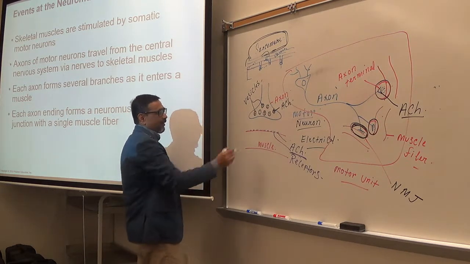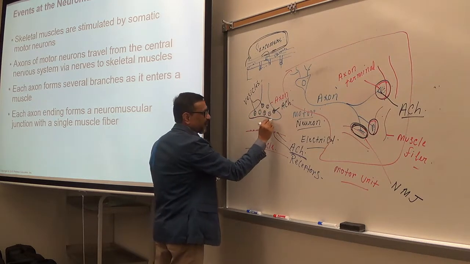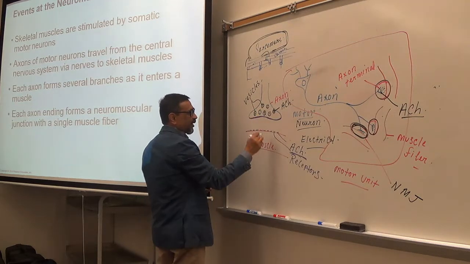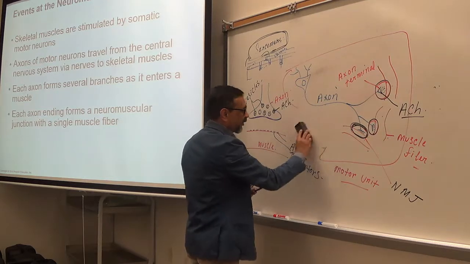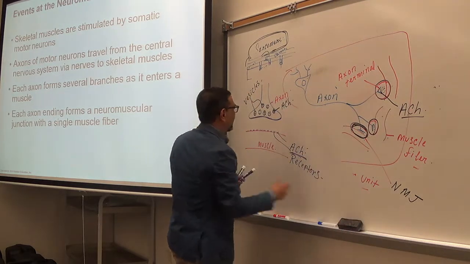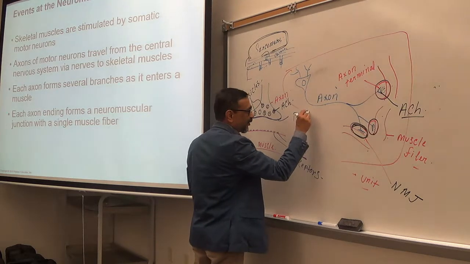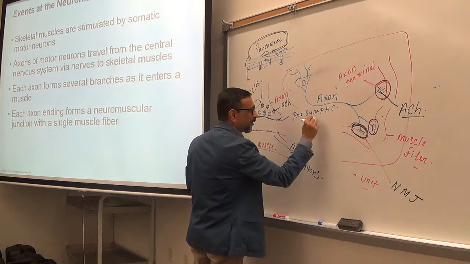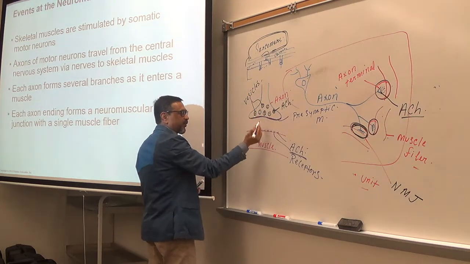Okay, now this part of axon terminal is called presynaptic membrane. Pre means before, you know that. This is a membrane before the synapse.